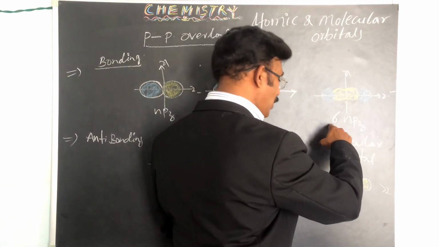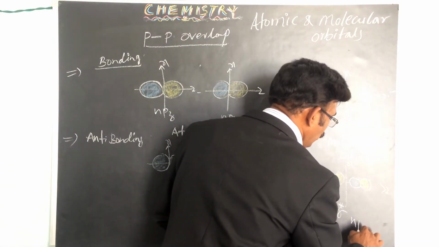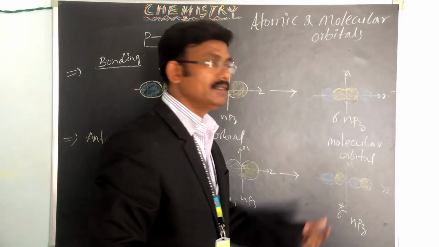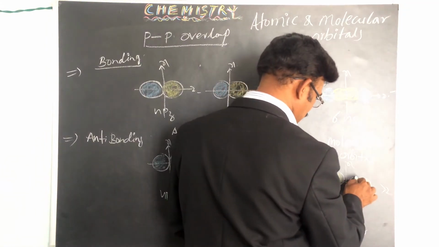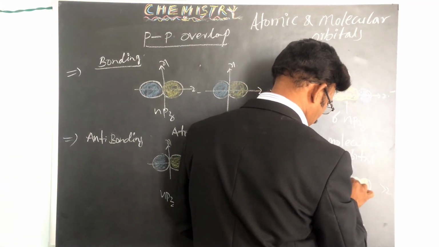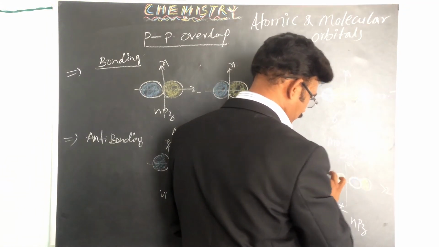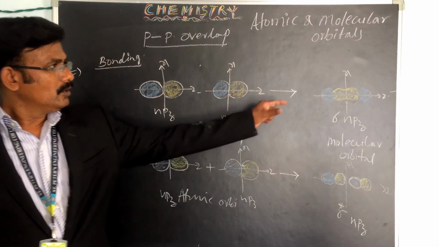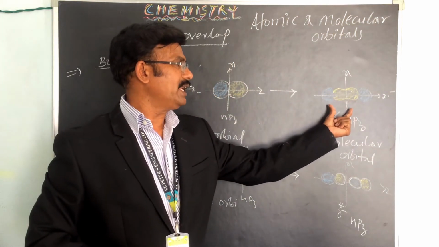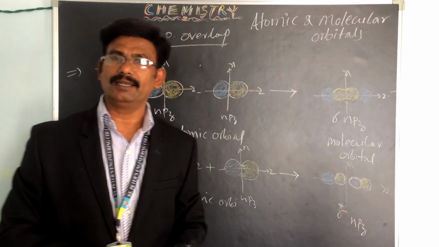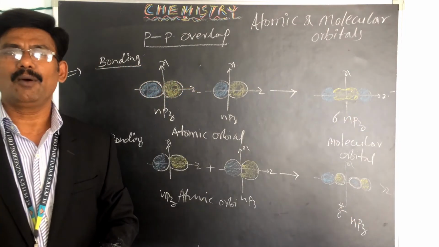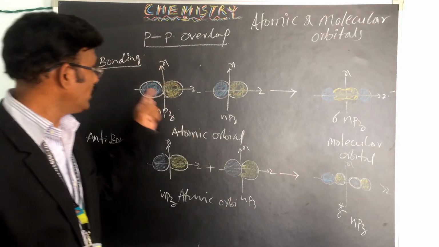This sigma is the bonding, sigma star is the anti-bonding. There is a little gap between them. Bonding overlaps like this diagram, and here they are separated, there is no bond between them.